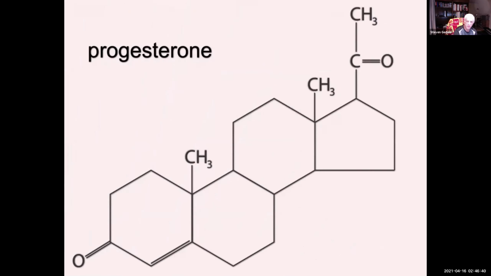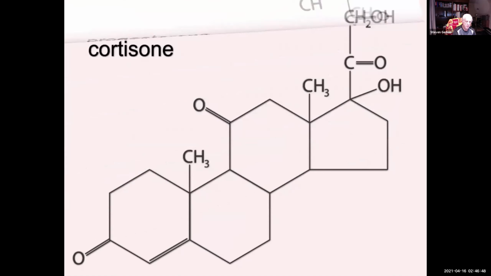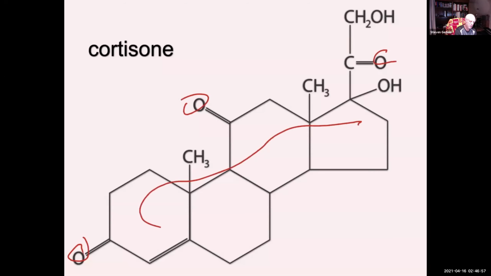That's progesterone, the female sex hormone. Again, same steroid backbone. Backbone's what we're looking for. Okay, cortisone, same steroid background. Hydrophobic and hydrophilic regions. These are your hydrophilic regions. Hydrophobic is all that long with carbons.